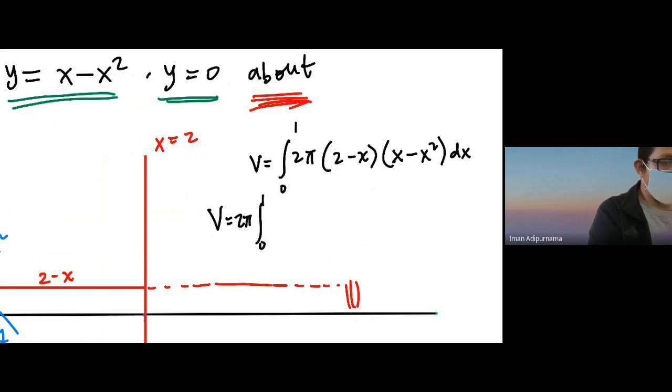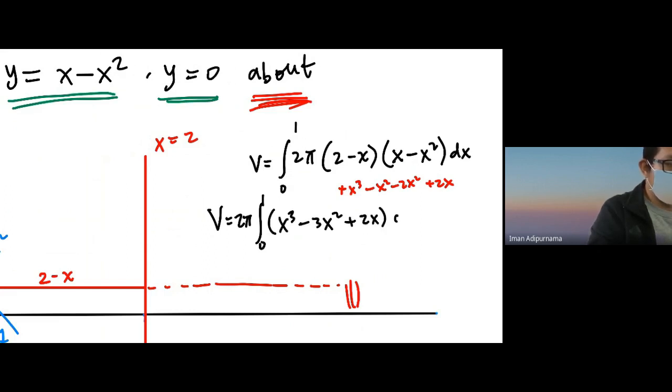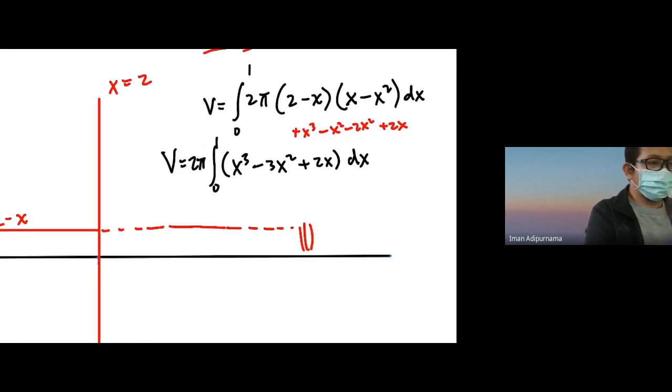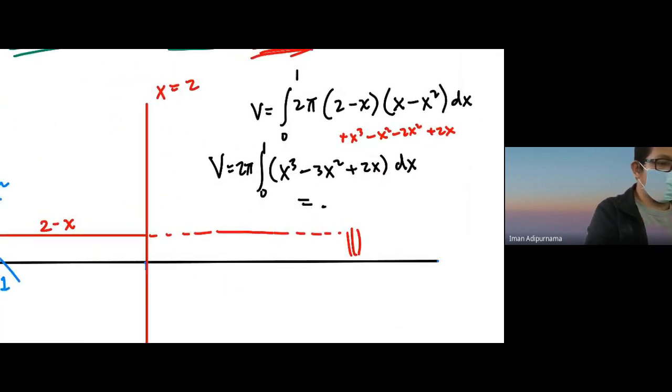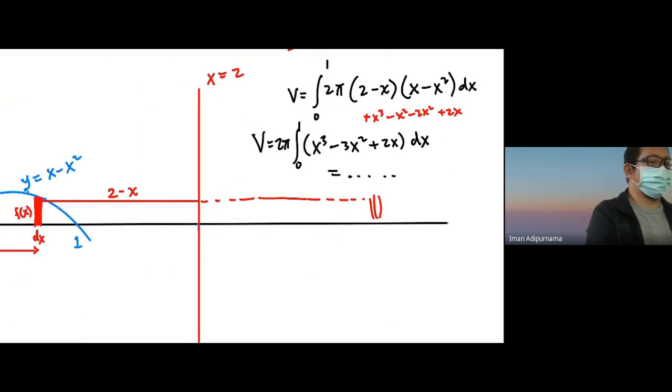We will have x cubed minus 3x squared plus 2x dx. I believe you can solve this on your own, and I think it's not too difficult.